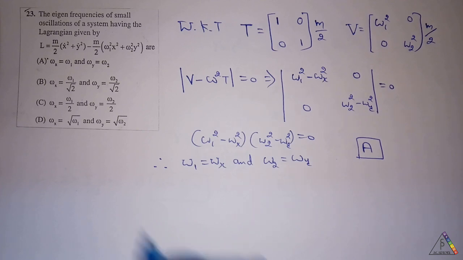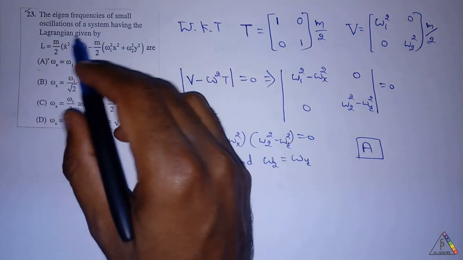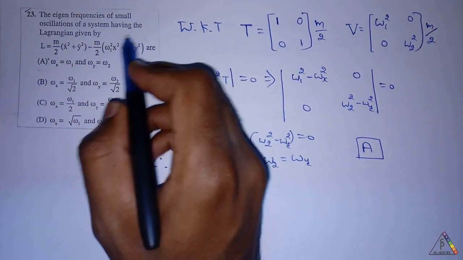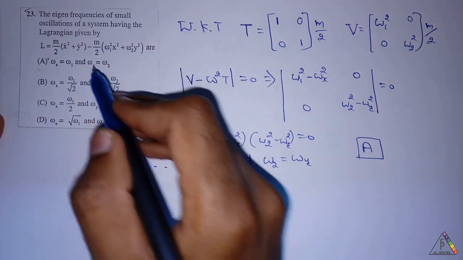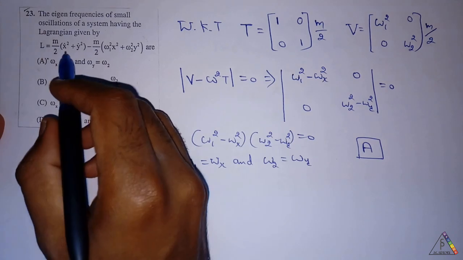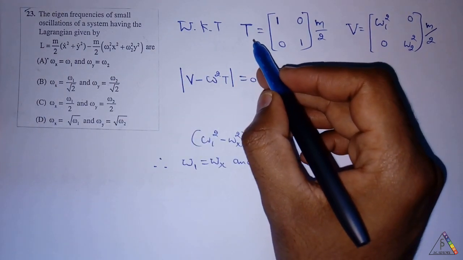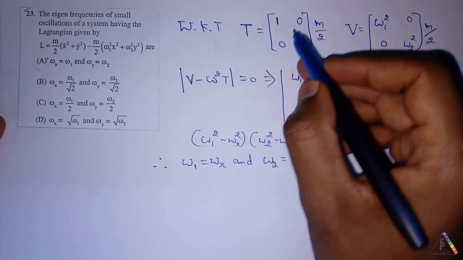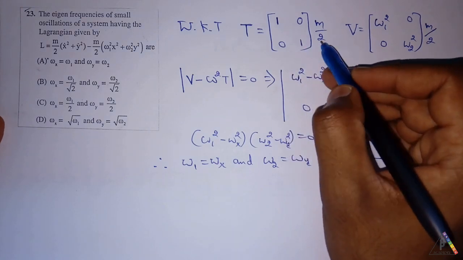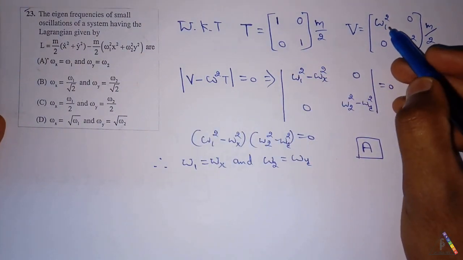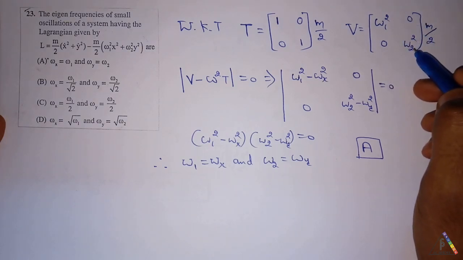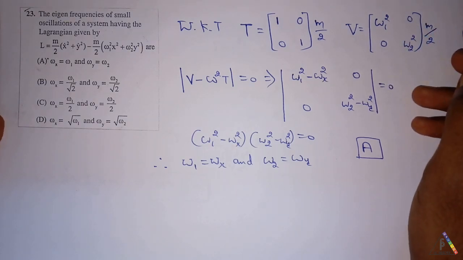Next question is, the eigen frequencies of small oscillations of a system having the Lagrangian given by, this is the Lagrangian given. We know that for this Lagrangian the kinetic energy matrix will be 1 0 0 1 into m by 2, and the potential energy matrix will be omega 1 square 0 0 omega 2 square into m by 2.